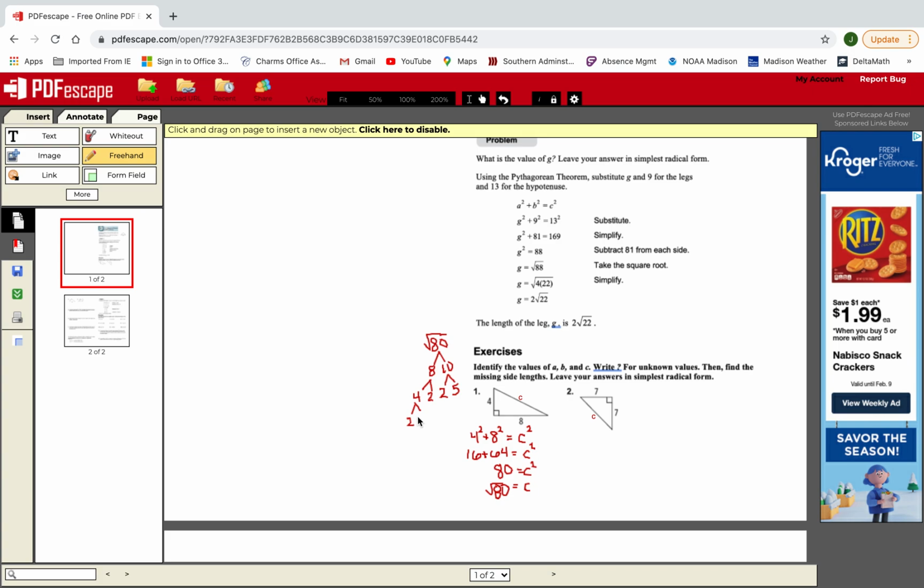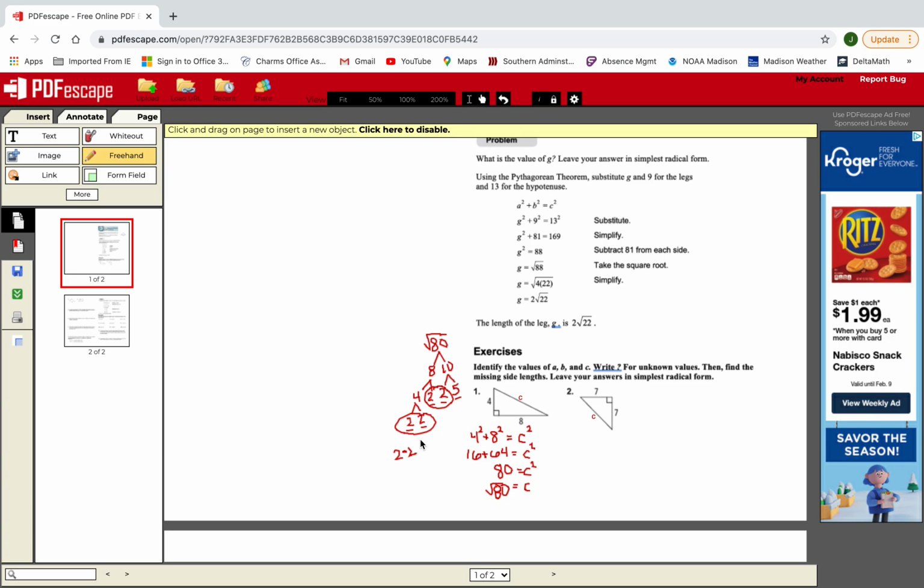So my bottom level prime factorization is 2 times 2 times 2 times 2 times 5. So I'm going to pair them up. I have a pair of 2's here, and I have a pair of 2's here. My pairs come out front. There's one of my pairs, and here's the other pair.